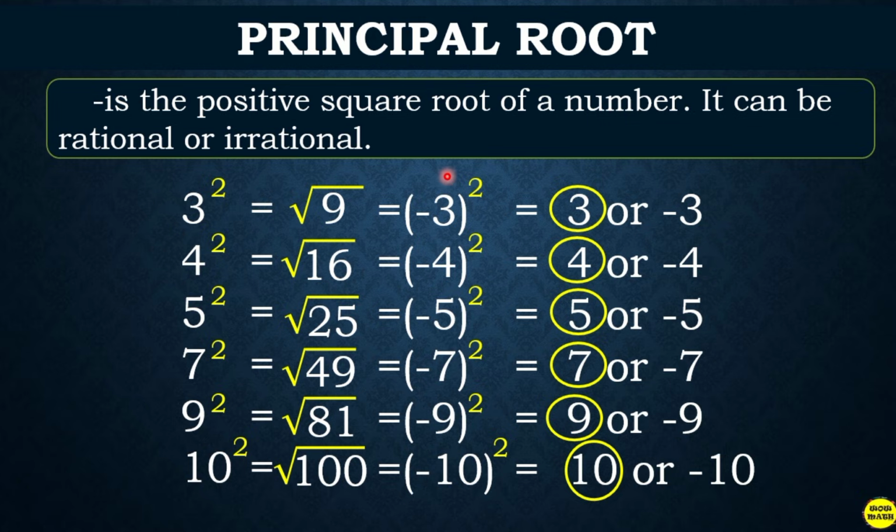Pero kung ang hinahanap lang po ay principal root, that is referring to the positive square root. So, ito lang po siya, yung mga positive. Okay? And these numbers can be rational or irrational. That's why yung mga square root o principal root ng ating perfect square numbers are rational numbers. So kapag ang binigay sa inyo ay perfect square, ang square root po nun ay rational numbers.